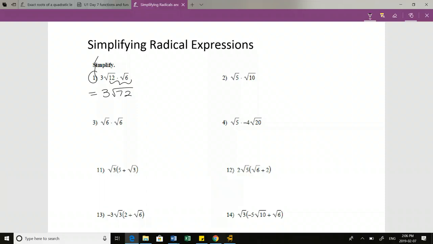So I think 36 times 2 would work for us. And then I can just square root that perfect square part. This is on the back of the first page there.